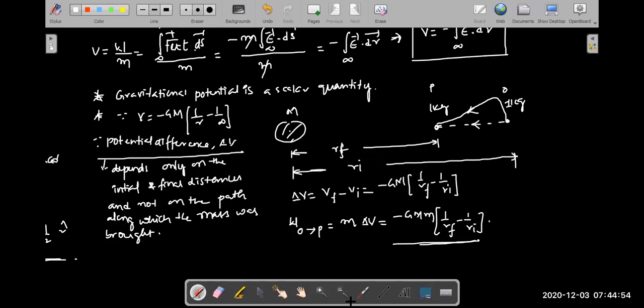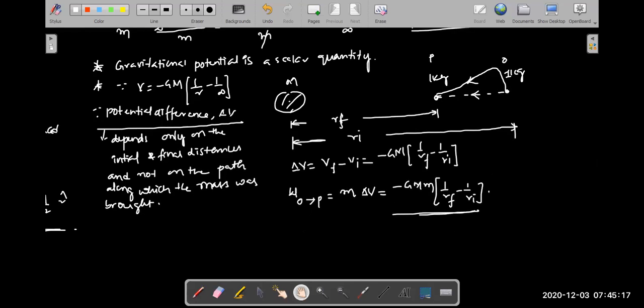That means we are not actually doing work. Who is doing the work? The gravitational field itself is doing the work. Even though the gravitational field is a conservative field, if the conservative field is doing the work, what must happen to its potential energy? Its potential energy must increase or decrease. Increase.